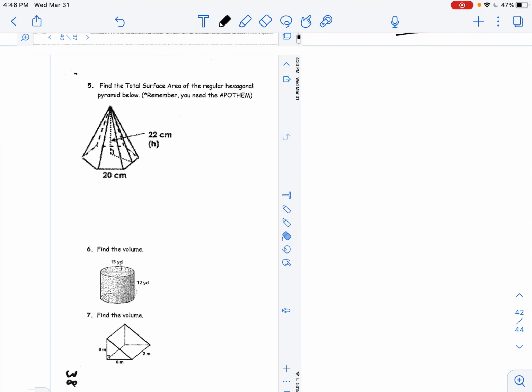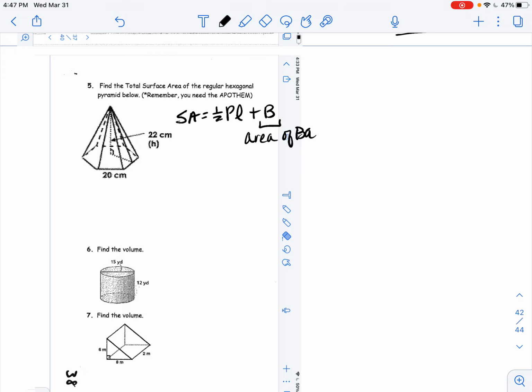Problem number 5, find the total surface area of the regular hexagonal pyramid below. So we want to find total surface area. And it says, remember, you need the apothem. Okay, so surface area, this is our formula, 1/2 perimeter of the base times the slant height plus the area of the base.